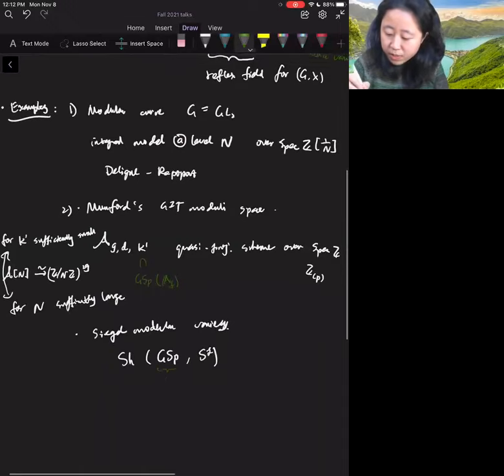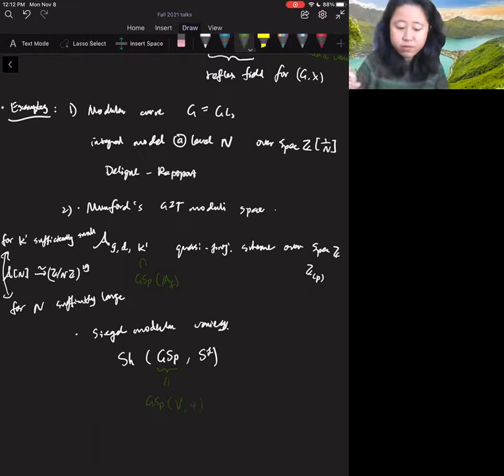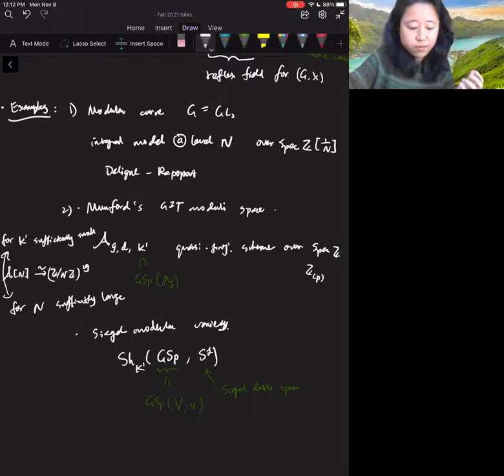And here this just means the group of symplectic similitudes corresponding to some Q-vector space V equipped with some perfect alternating pairing. And here this S^± is the Siegel double space. And of course, you need some level structure K', which again is a compact open inside GSp of finite adeles.